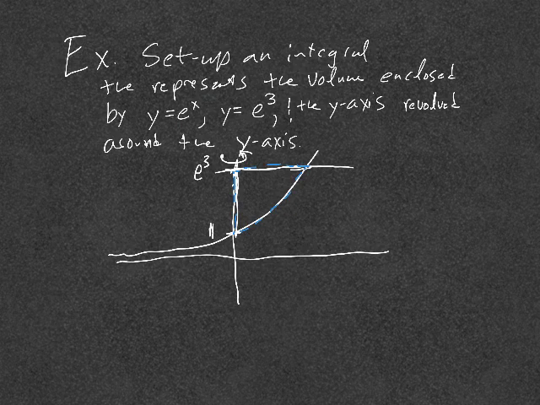Okay. So we're going to set this up both with discs and washers and with cylindrical shells. So let's do discs and washers first. So y equals e to the x. Now if we're doing this in terms of discs and washers, we're rotating around the y-axis here, and so that means that we're going to have to rewrite everything in terms of y.